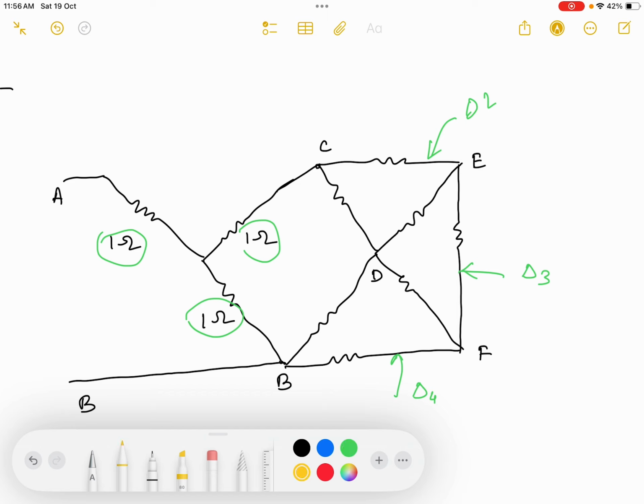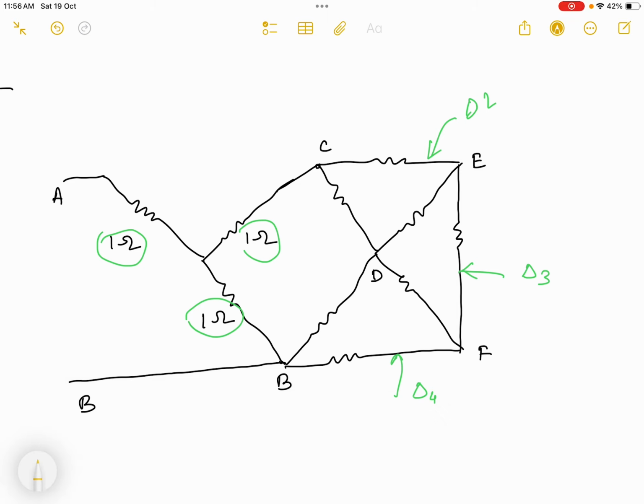I am taking a different color for C, D, E. So for this C, D, E delta, I will make it into star. So let me decompose here. Let this resistance value be R4, this is R5, this is your R6, and you know that this value is R, this value is R, and this value is R, which is 3 ohms.